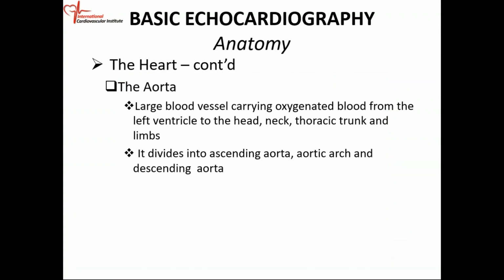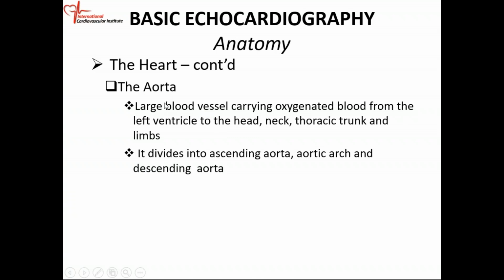So the aorta now, the aorta is the largest blood vessel in the body. Okay, a large blood vessel which carries oxygenated blood from the left ventricle. So the blood is going to leave the left ventricle via the left ventricular outflow tract, okay, into the aorta.